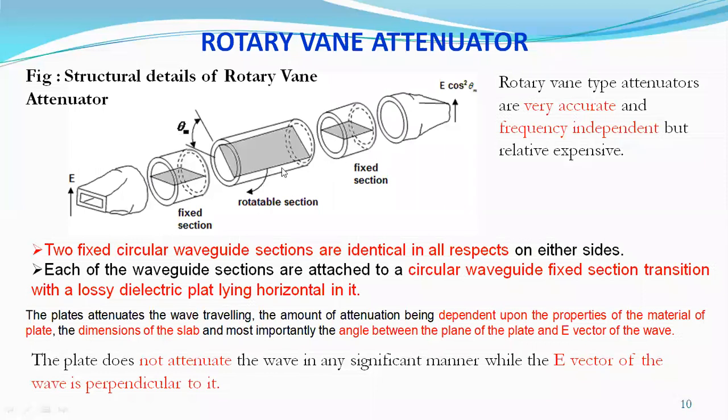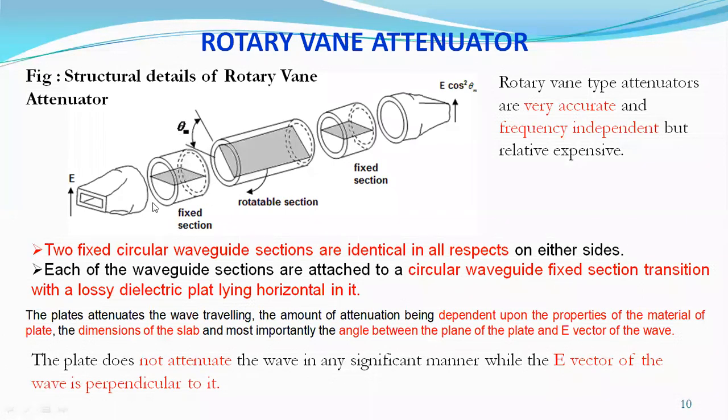Here is the rotatable section. In the fixed section, you can see inside that there is some layer, some plate, just like a resistive card. You can call it the Farad type resistive card. This resistive card has some properties.